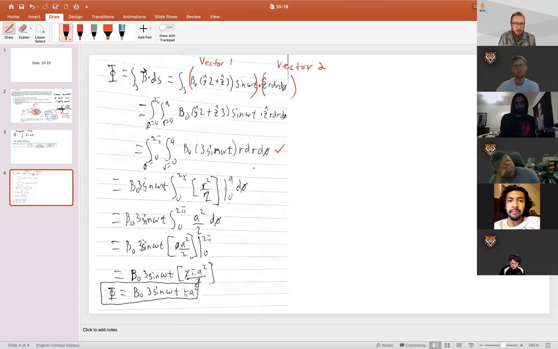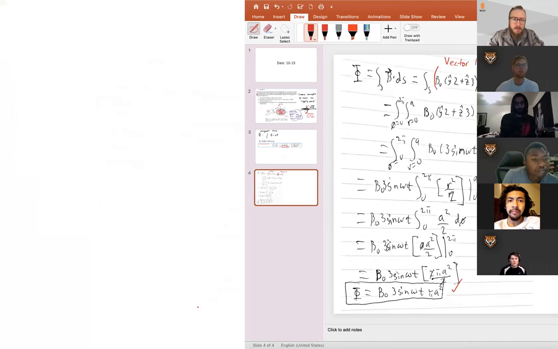So 0 to A on R and 0 to 2 pi on phi. Went through the integration and arrived at this magnetic flux. Does anyone have any questions on this?